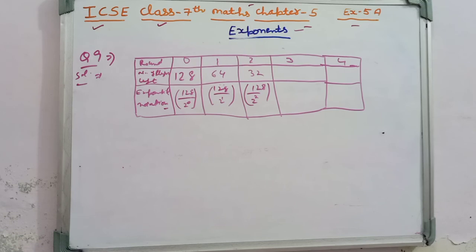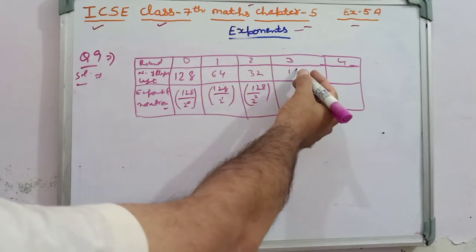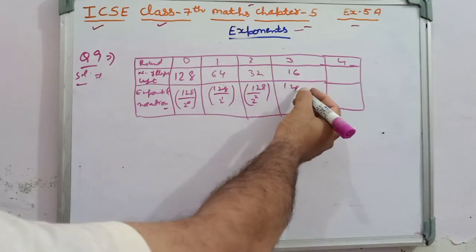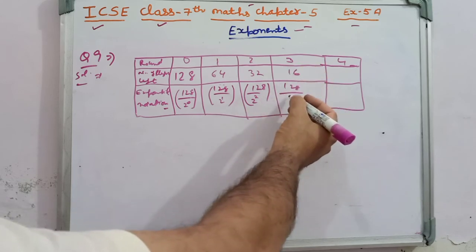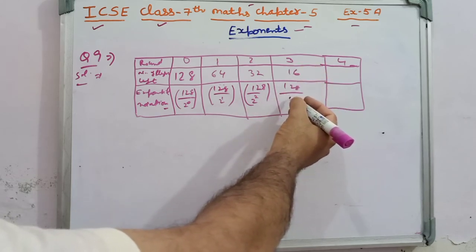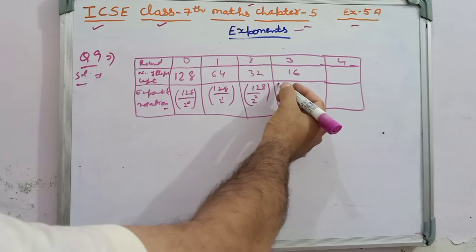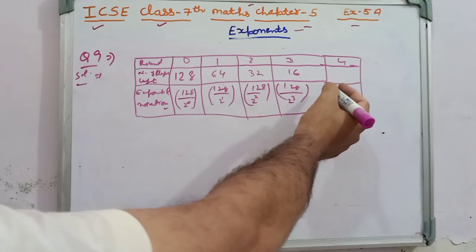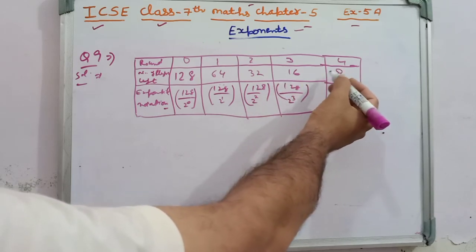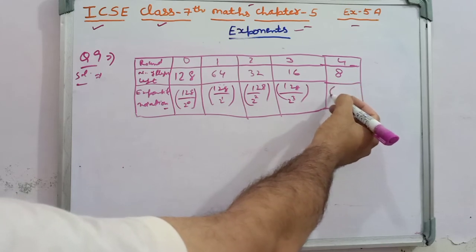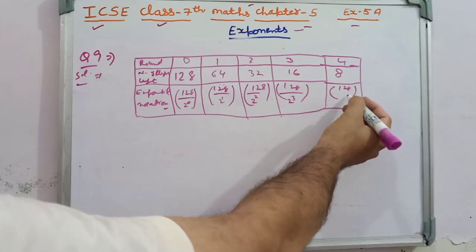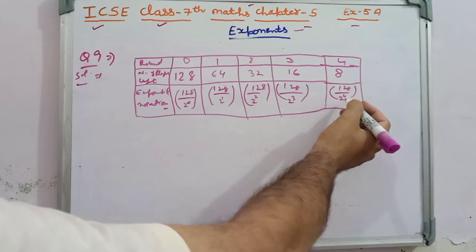Now 16. This will become 128 upon 2 raised to power 3. This is the fourth round. The players remaining will be 8: 128 upon 2 raised to power 4.